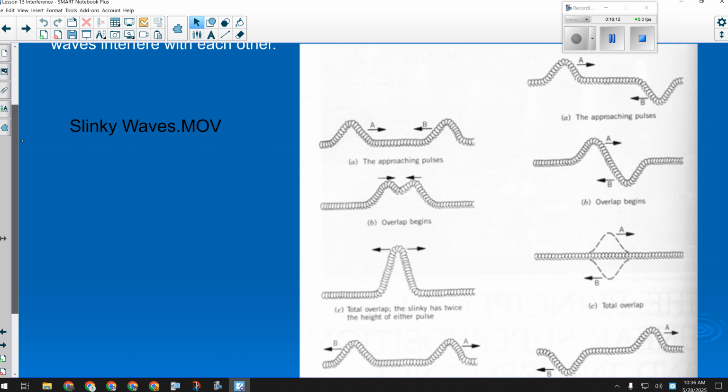The resulting shape of the medium reflects the energy that was on the medium at any time, and that's 0. And after they interfere, they travel happily on as they were before. Wave A to the right, wave B to the left. So interference is not a permanent destruction of waves. It is an overlapping of wave energy at a given point.